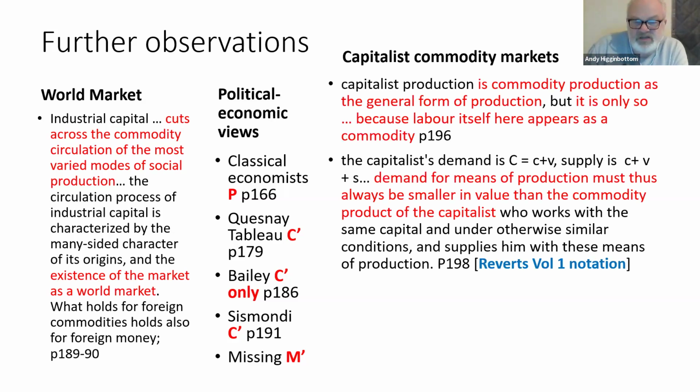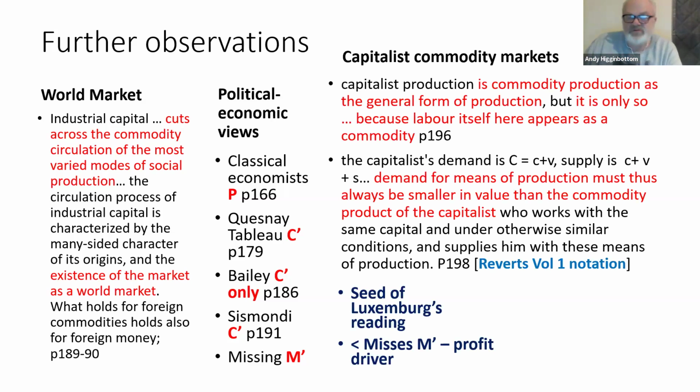Okay. He has quite a lot to say about capitalist commodity markets, which I will leave. He reverts to volume 1 notation just for a minute, but I'm just going to leave that. I'm most interested in this last point, right? What he's saying with Sismondi and the missing analysis based on the expansion of capitalist money.